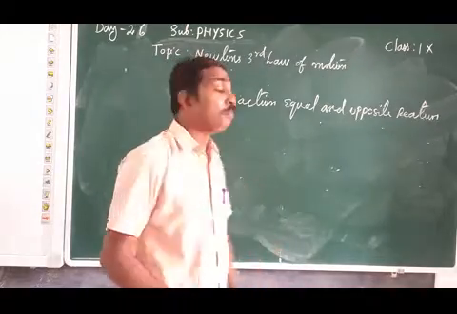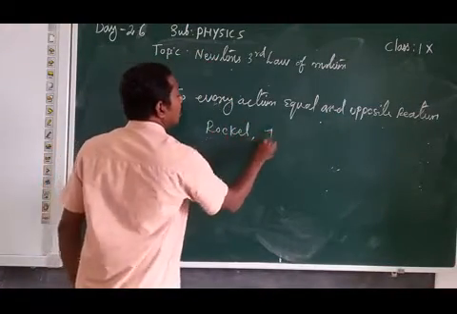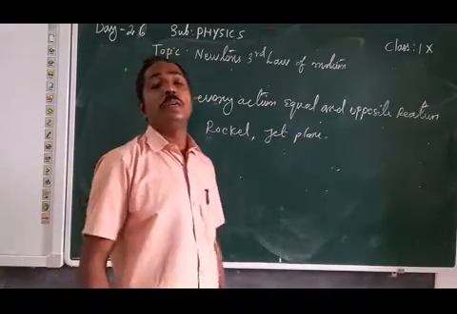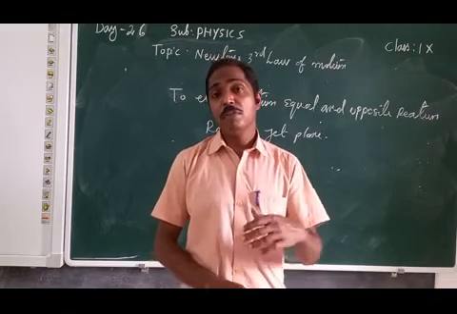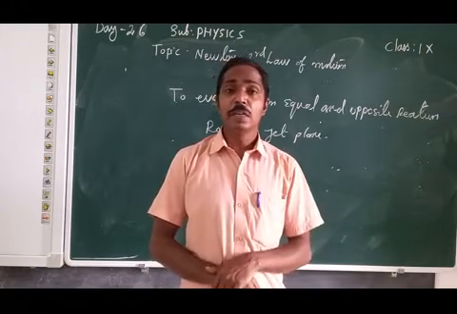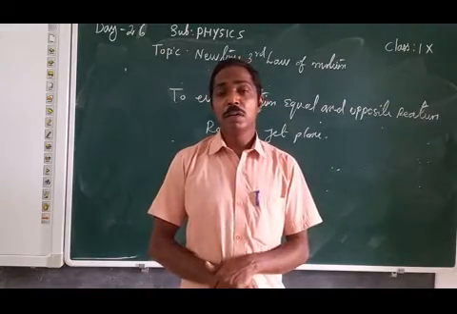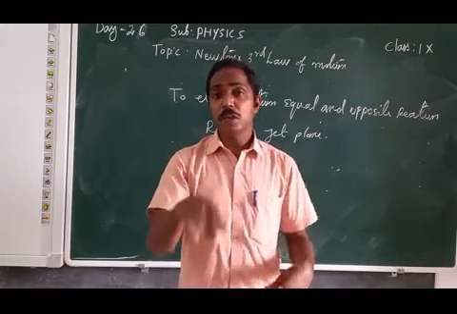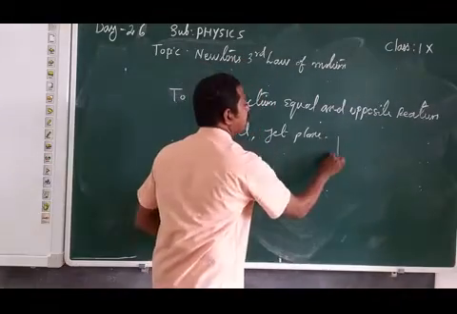Rocket, jet plane. They all work on Newton's third law of motion. When a rocket is launched from a launching pad, gases, smoke and fire are ejected out of the lower part of the nozzle downward, that is action.